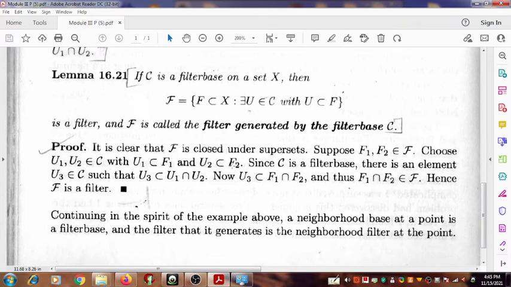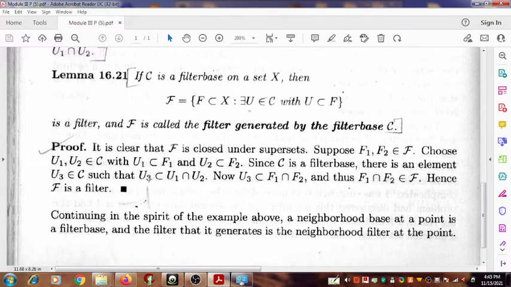Since C is a filter base, there is an element U3 in C such that U3 is a subset of U1 intersection U2.